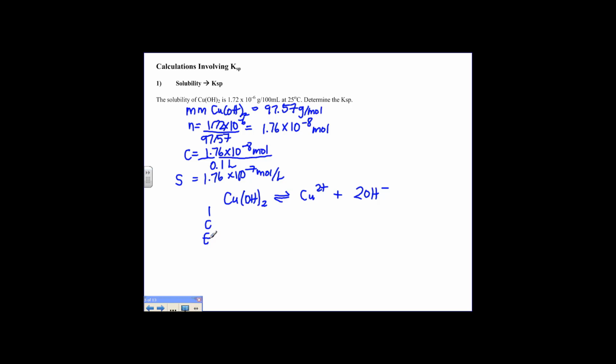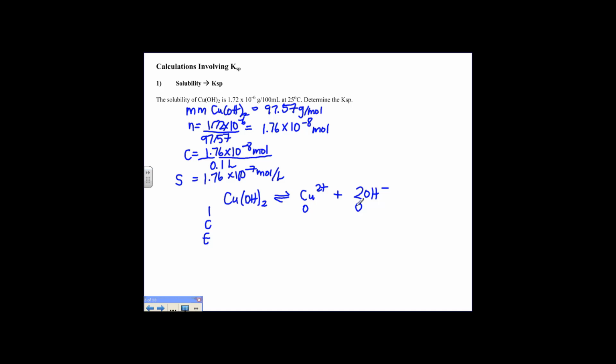Now, when we are thinking about something dissolving, we're actually thinking about this substance dissolving in water. And it's the solubility that defines the amount of this that can dissolve. This is the amount of copper hydroxide that can dissolve in water. So essentially, we start with none of this dissolved.